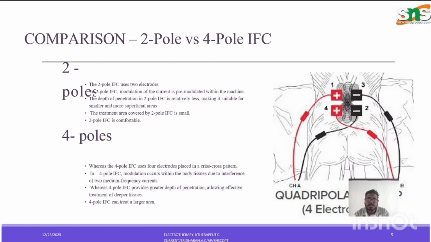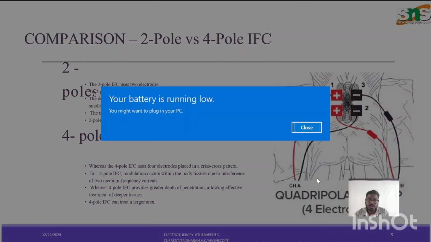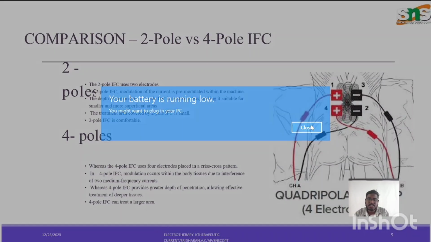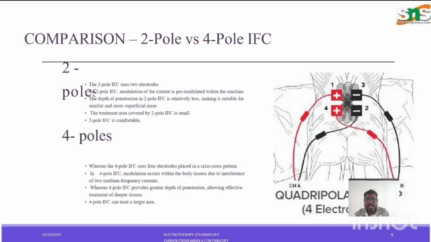Comparison of the two-pole versus the four-pole interferential current: the two-pole interferential current uses two electrodes, whereas the four-pole interferential current uses four electrodes. These four electrodes are used in a crisscross pattern, whereas the two-pole interferential current shows relatively less effect, making it suitable for treating smaller and more superficial areas.